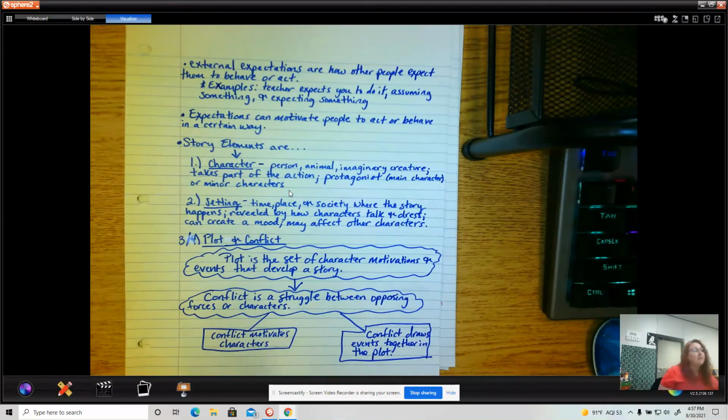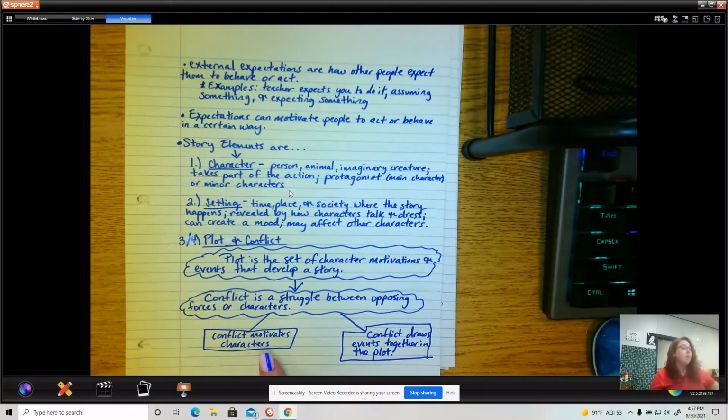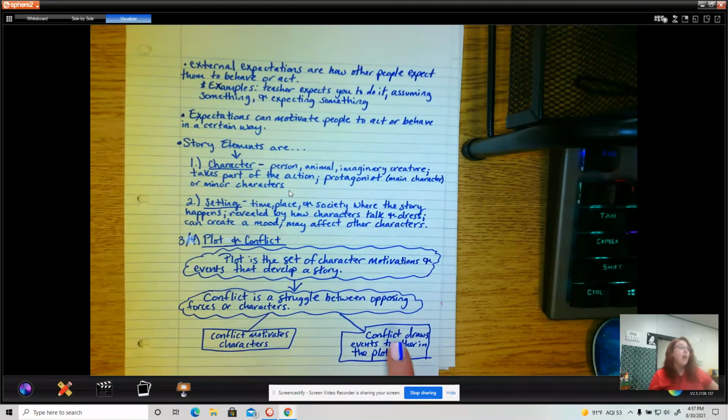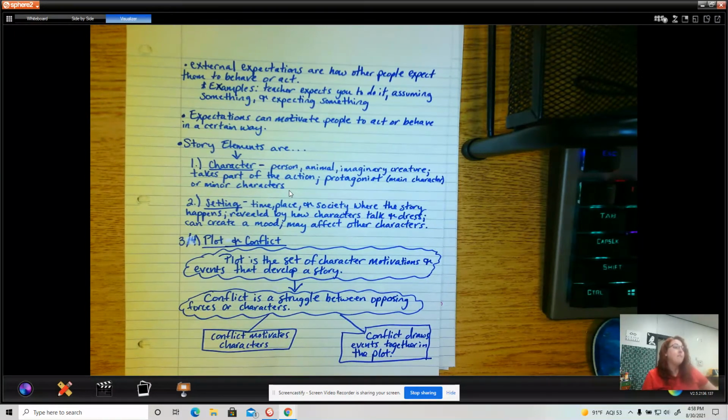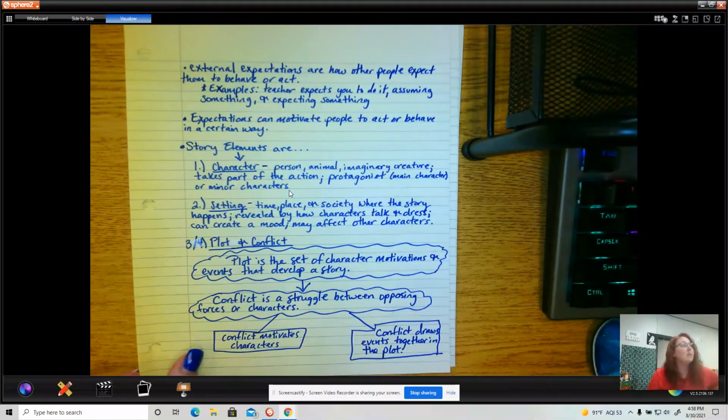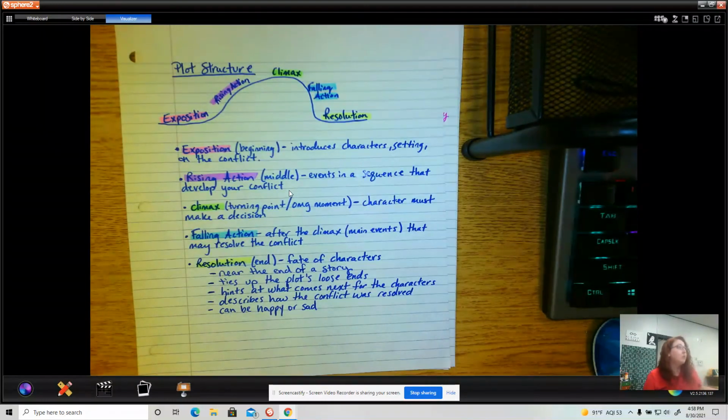Then you have conflict. It's a struggle between opposing forces or your characters. So conflict can motivate your characters, and conflict can draw events together in the plot. Okay, which then brings us to the plot structure.